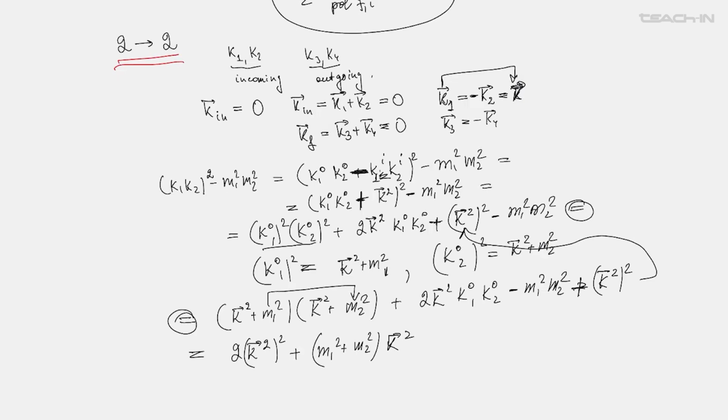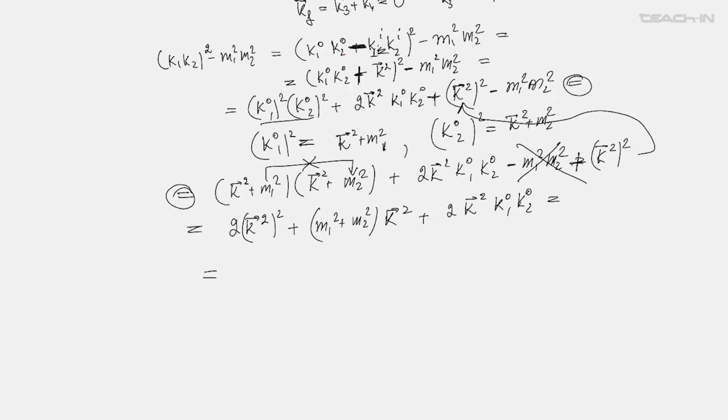And so on top there will be 2 k squared k01 k02, and this allows me to take out from this expression k squared. So I will be left with k squared times twice k squared plus m1 squared plus m2 squared plus twice k01 k02. This is what I will get.